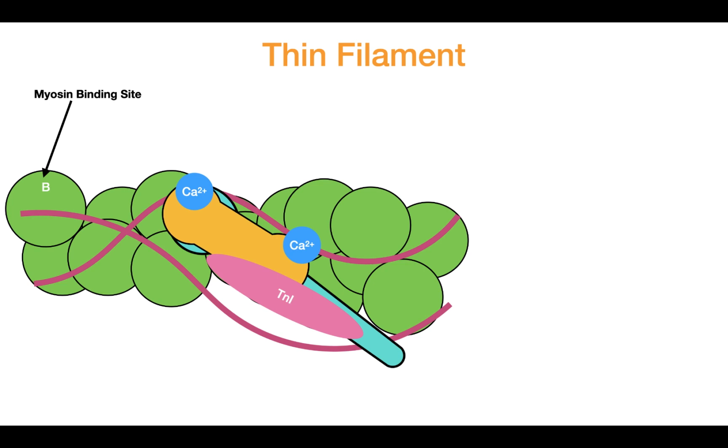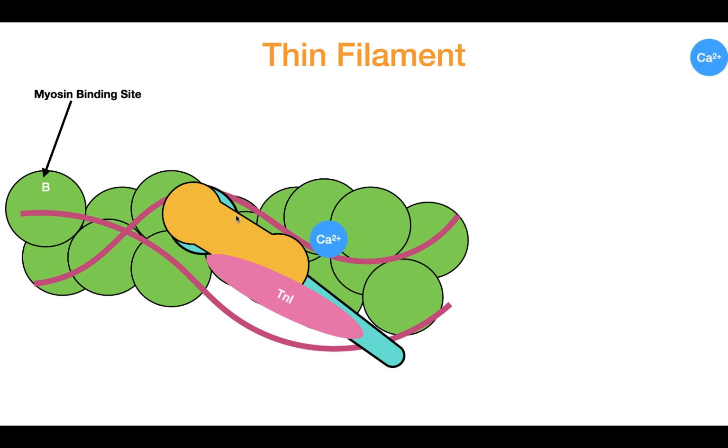So when calcium comes in, it binds to troponin C, which initiates troponin T to move troponin I out of the way, and troponin T also moves tropomyosin out of the way, which allows the binding site to be opened and allows myosin to come in and bind to it.